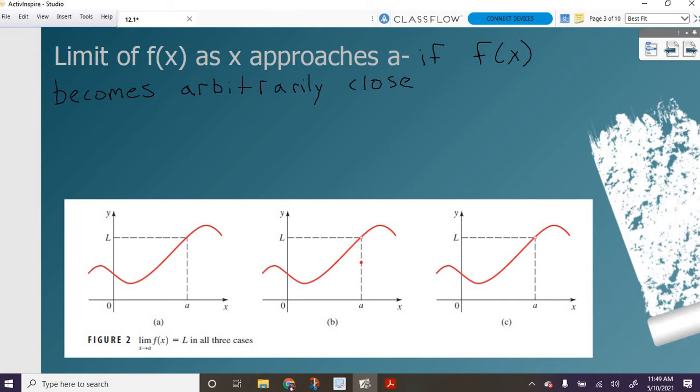So that's the best word that we can kind of put in there. Is basically as close as we want to. Okay? So we're getting arbitrarily close to a unique number. We're going to label that as L.